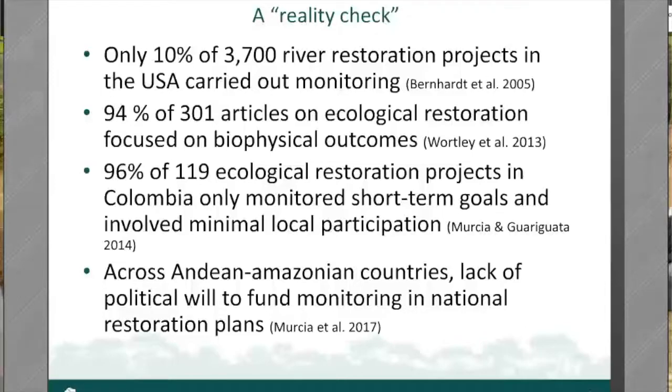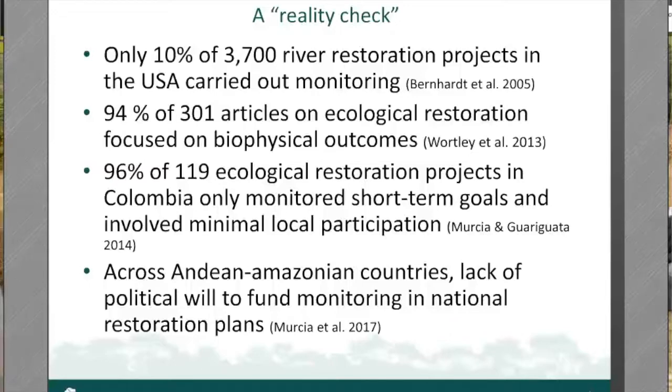And this slide corroborates, or at least provides support to, what I said before, that monitoring is the last thing to insert in a project and the first thing to drop. Even in developed countries, the culture of monitoring is not really well inserted.